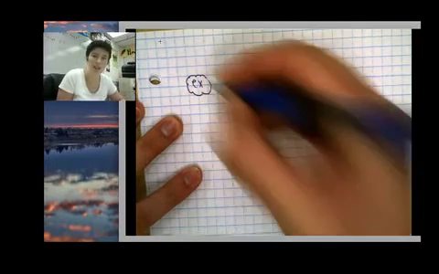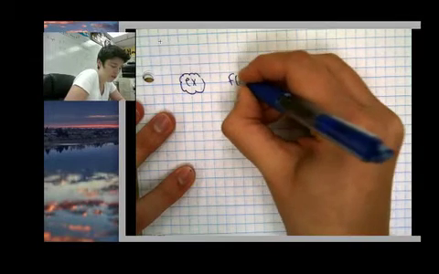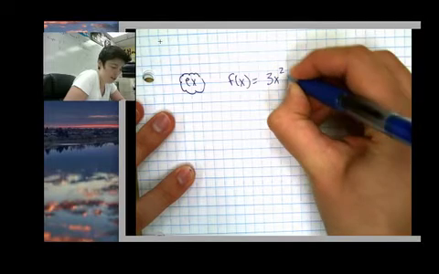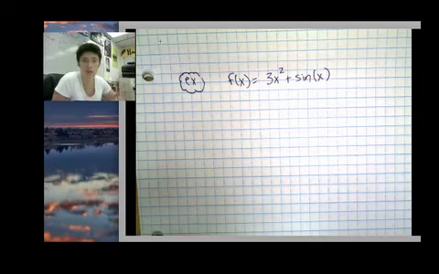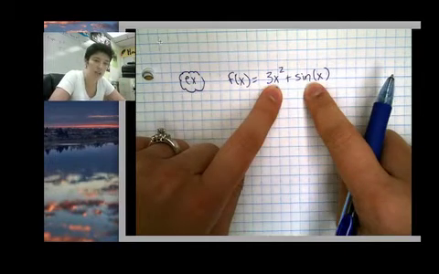Often there's not a lot of work to show on these. So if I told you I had f of x equals 3x squared plus the sine of x, you're just going to derive it straightforward. This is a power rule problem and this is a memorized problem.